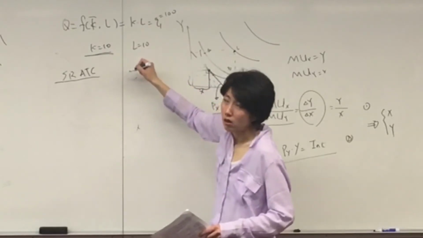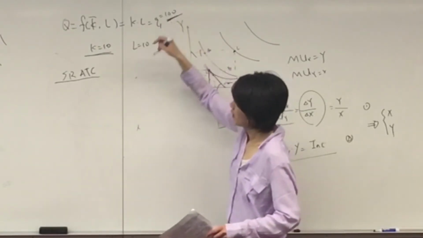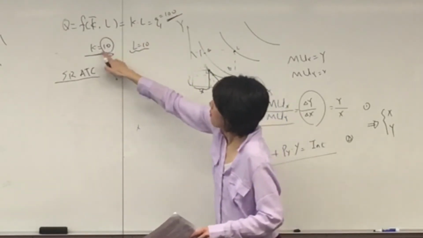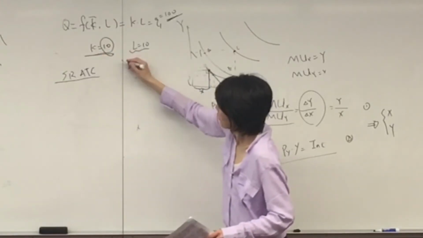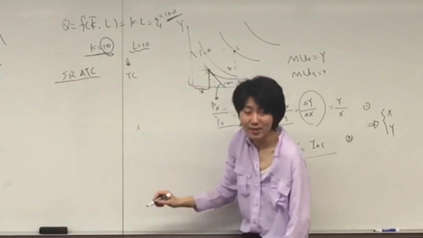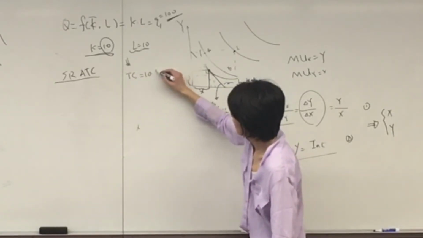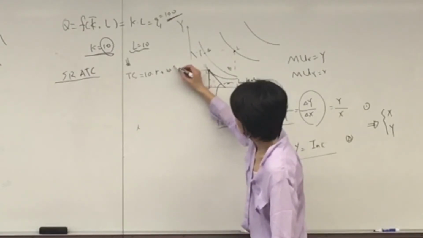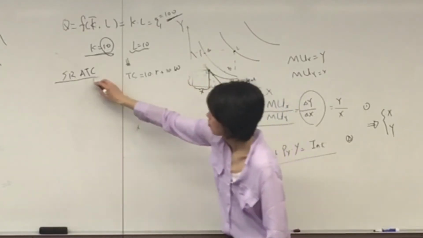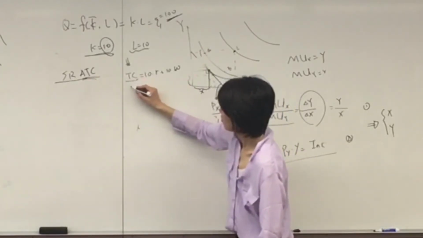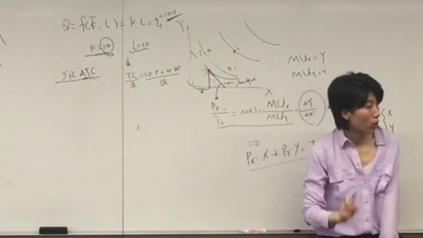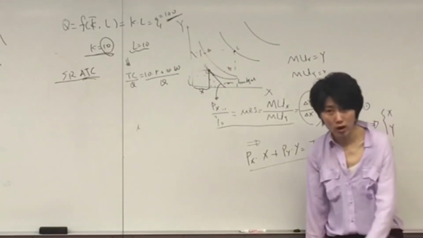To produce this amount of output in the short run, K is fixed, and you can solve for L. Once you know the amount of capital employed and labor employed, you can solve for total cost, because you're given the price of capital and the price of labor, W. And then for average, you need to divide by Q. Q is 100. So that's how you solve for the short-run average total cost.